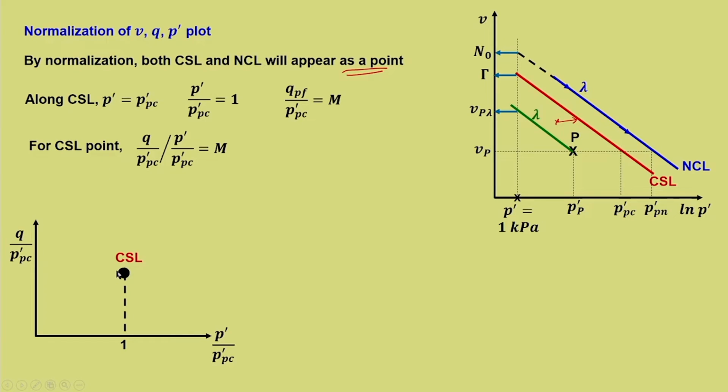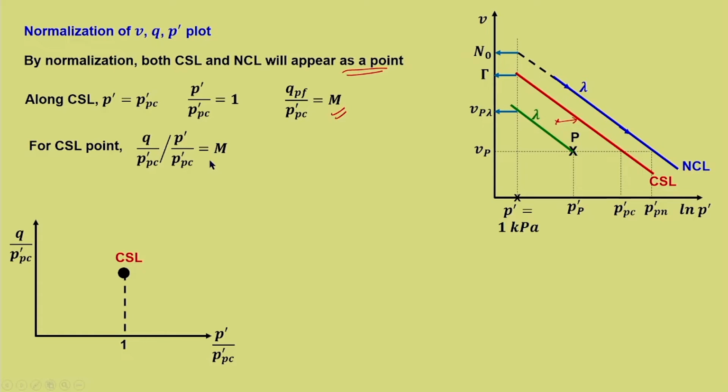Now, for a critical state point, we know that Q upon P dash Pc is equal to m. Why? Because here P dash upon P dash Pc is equal to 1 in this particular case, and Q upon P dash is already equal to m.